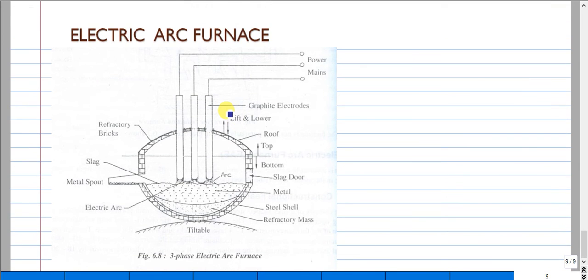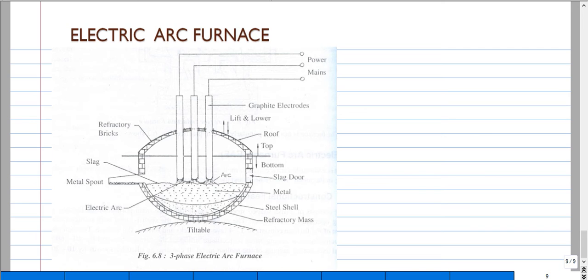And I hope you have heard the concept of welding, that electric arc welding we have discussed while doing the classification of manufacturing process. So it is also a form of manufacturing process which we will be discussing in detail in module 4 and 5.